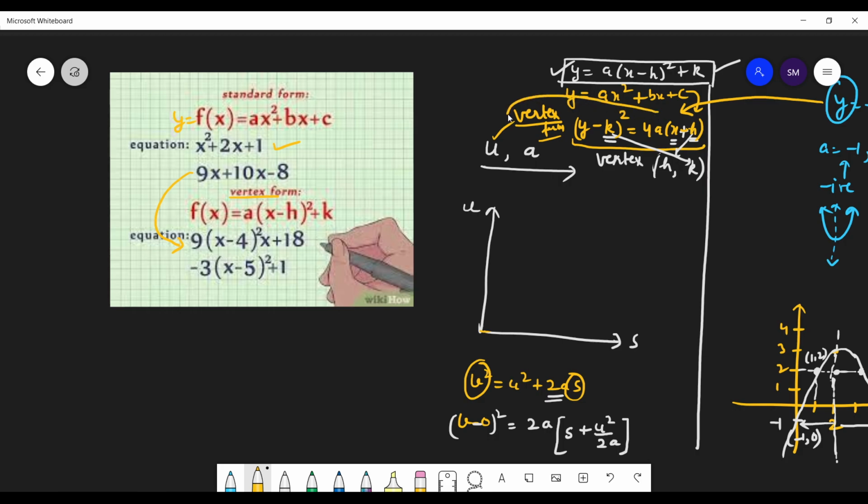See, this is also vertex form, but from this formula only.